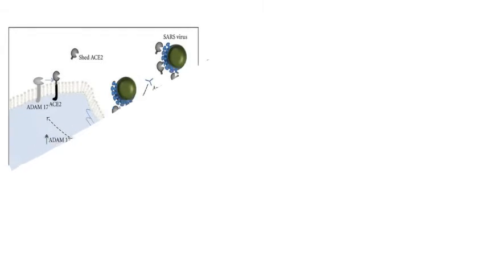As you can see, the SARS virus goes to the cell membrane, and finds the ACE2 receptors, and we have the TMPRSS2, which is transmembrane protease serine 2, which facilitates the priming of the binding of the SARS virus through the spike protein to the ACE2 receptors, and this is also increased by ADAM17 activity, leading to infecting the cells.